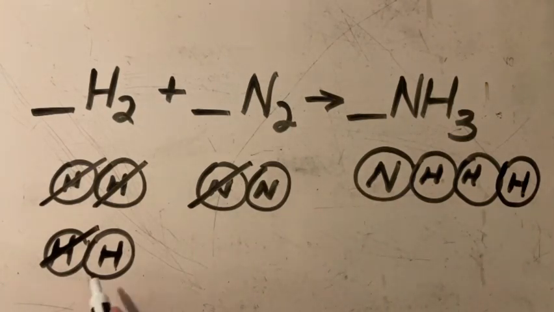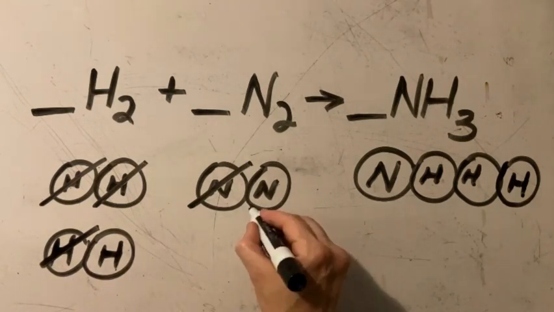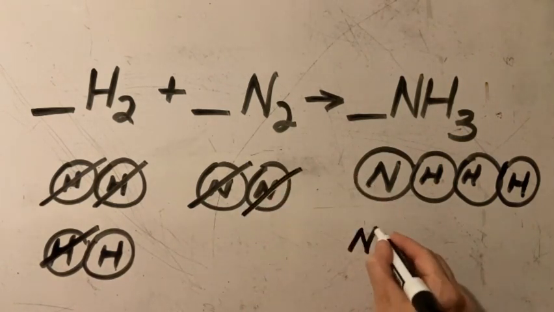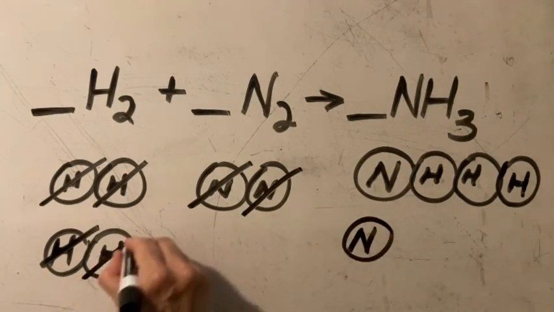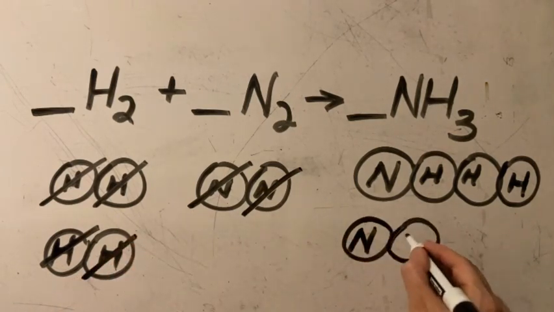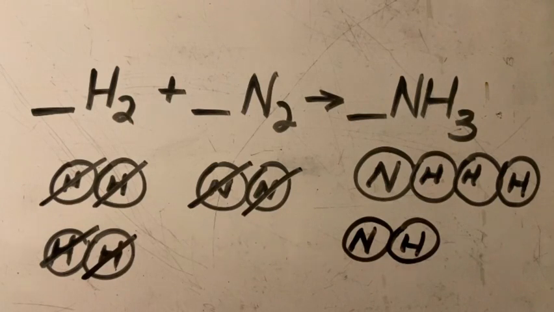But notice we haven't used up all our reactants. We still have a nitrogen left over, and we still have a hydrogen left over. And yet we haven't built all of our product. We're missing 2 hydrogens. So where do they come from?